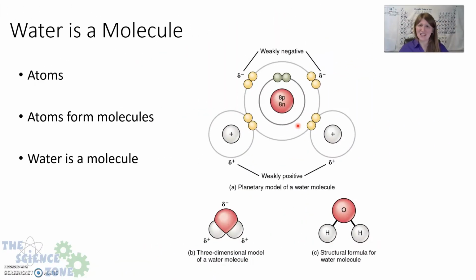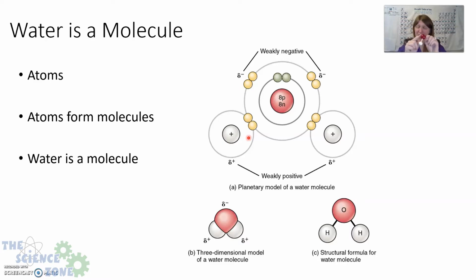So let's look a little closer at the atomic structure of water. Remember, atoms have electrons in their orbitals. If you look at the hydrogen part, right here is where we're looking, you see that 2 electrons are shared to form a covalent bond. And water has 2 covalent bonds in it.